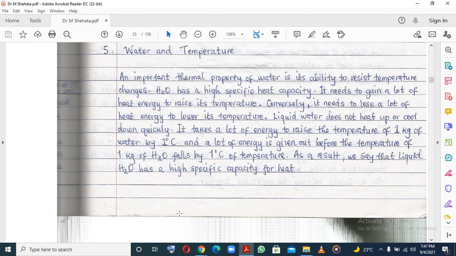A lot of heat energy is required to raise the temperature of water, and this is because of what? This is because water has got a high specific heat capacity. Okay, and so in as much as it takes a lot of heat energy to raise the temperature of water, again it takes water losing a lot of heat energy to lower its temperature.